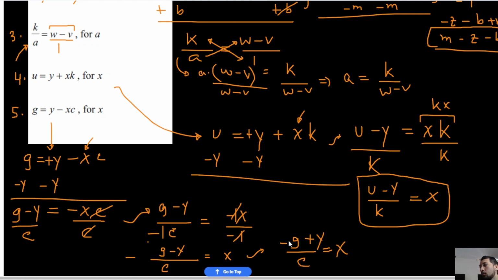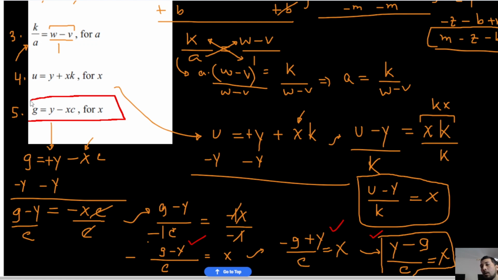Both are correct. We can also rewrite these as y minus g over c equals x. You can see that we can write in all three possible ways. So you can write like this, or like this. So that's how we solve this problem.